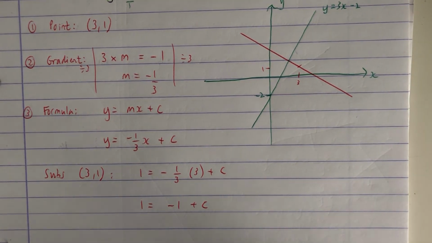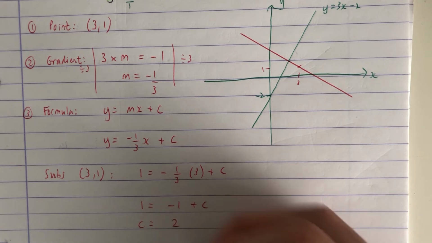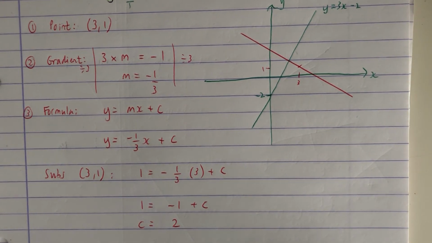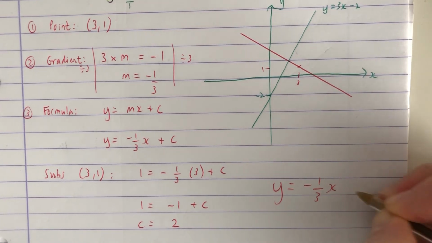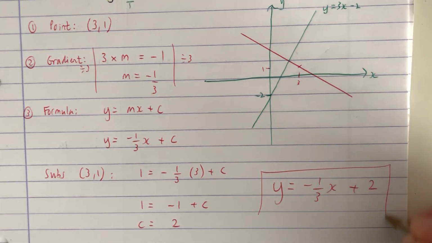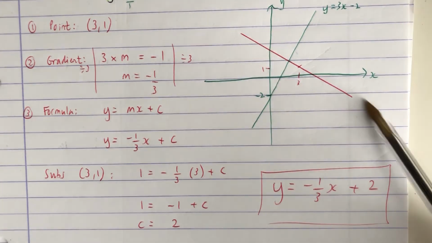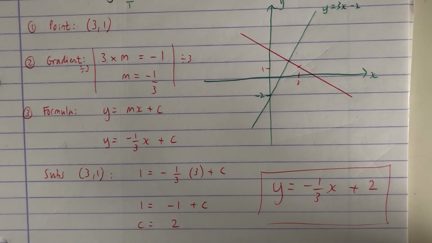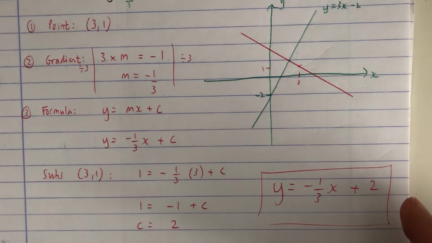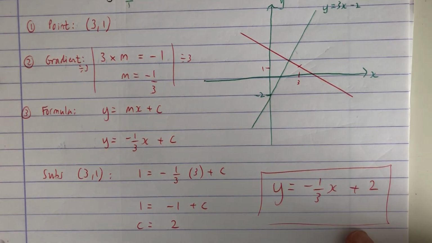And if you worked out plus c by itself, it would be 2. So finally, y is equal to -1/3 x plus 2 is the perfect line which is perpendicular to y equals 3x minus 2 and passes through 3, 1. Very difficult question, probably one of the hardest questions we've done all year.